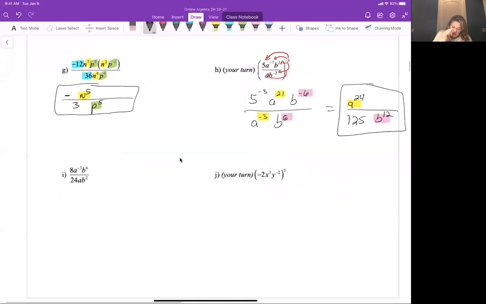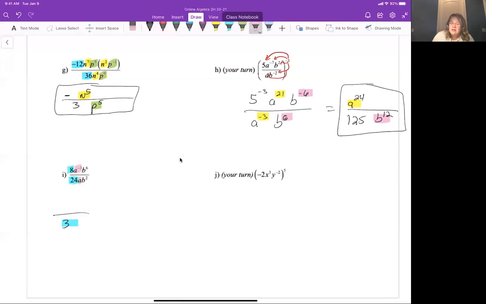Continuing on. So let's look at our integers first. So I have 8 over 24. 8 can go into 24 3 times. So I would have 8 into 8 is 1. 8 into 24 is 3. Let's look at our a's. I have a to the minus 3 minus a 1.